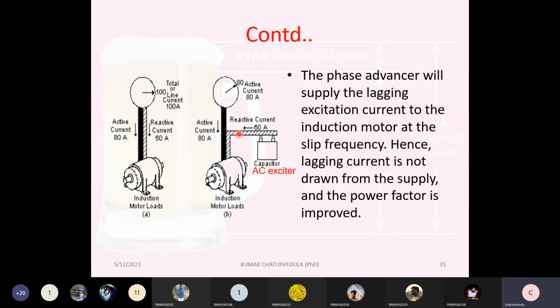So at slip frequency only I am going to give this reactive component of current. Initially there is only the active component of current, and here I have reduced the reactive component of current, by which the power factor can be improved.